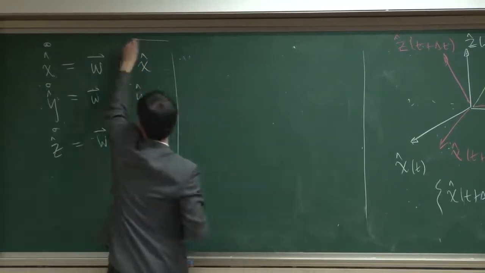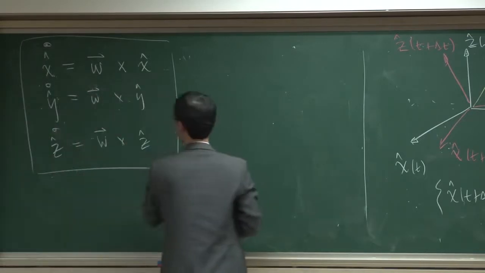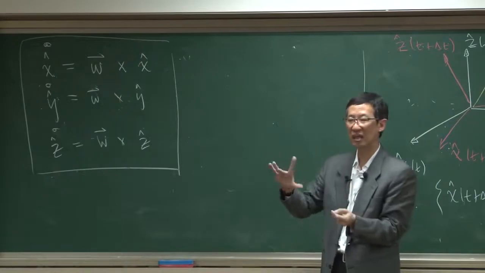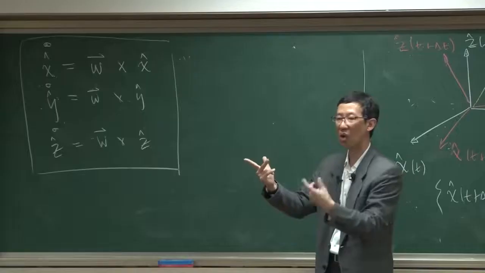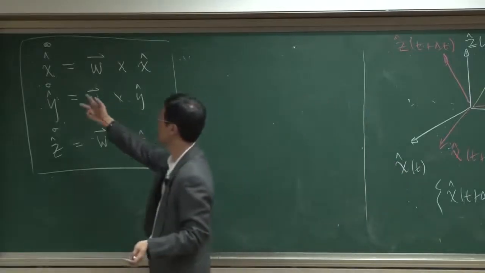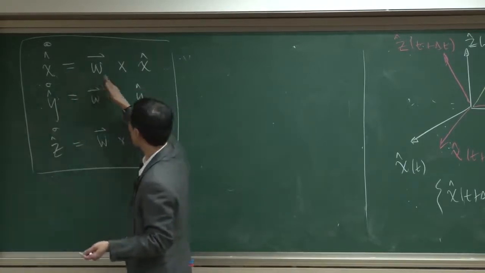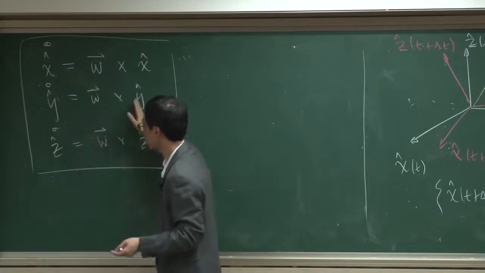So if you know the instantaneous angular velocity of a frame, then you always know the velocity of the unit axes x, y, and z. Very simple. x dot is omega cross x, y dot is omega cross y, z dot equals omega cross z.